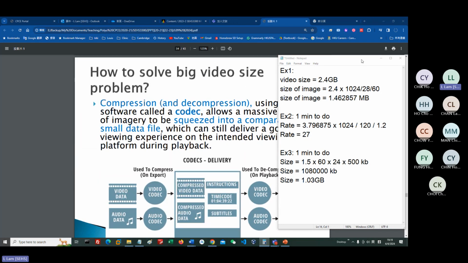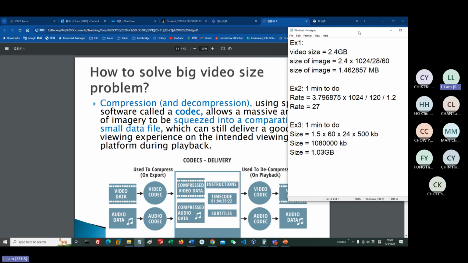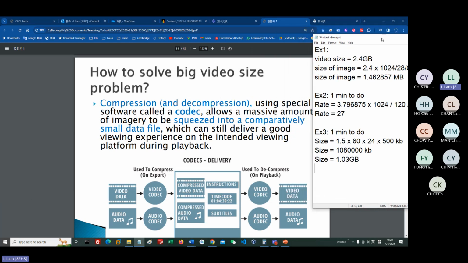So let's stop for a while because we need to explain to you again the issues right here. So this part is about handling the big video size problem. If you look at our calculation, we always have very big video size over there.